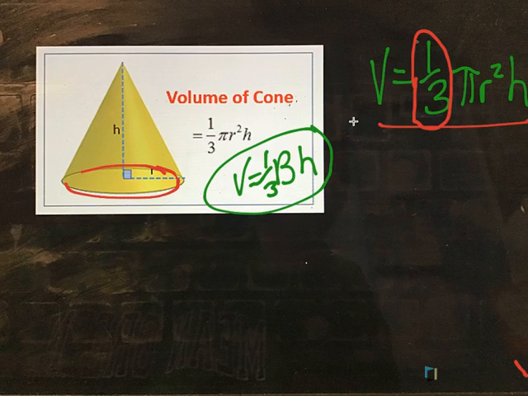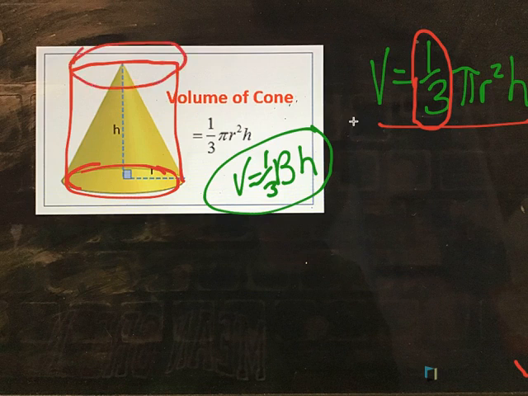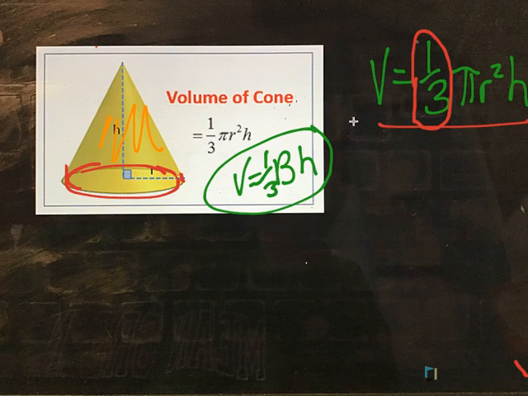So again, if I had a cylinder that's the same height as a cone and the circle was the same on the bottom, it would take 3 cones to fill up one cylinder. That's where the 1/3 comes from, because it's 1/3 the size of a cylinder with the same height and the same area of the bottom shape. All right.